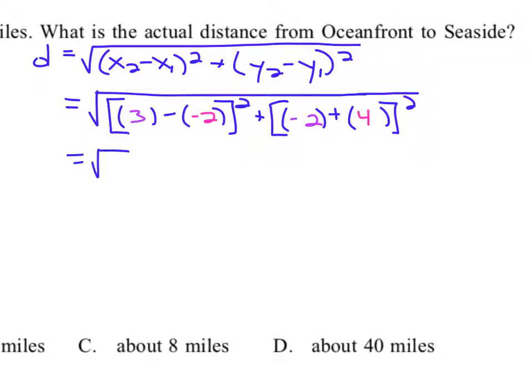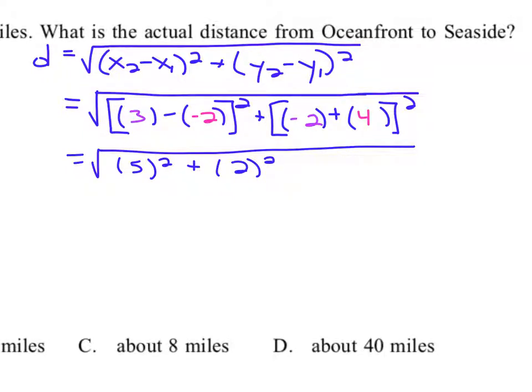Now when we simplify these, 3 minus the -2, which is 5, we get 5 squared plus -2 plus 4, that's -6. I'm sorry, it's not -6. My mistake, it is 2.